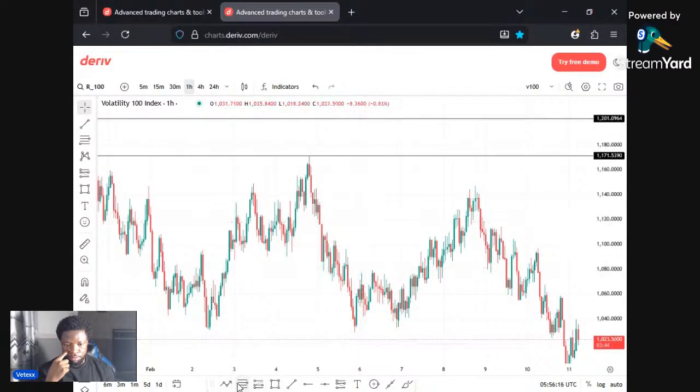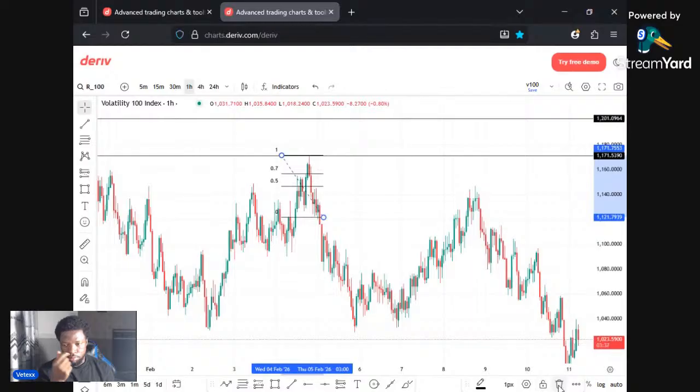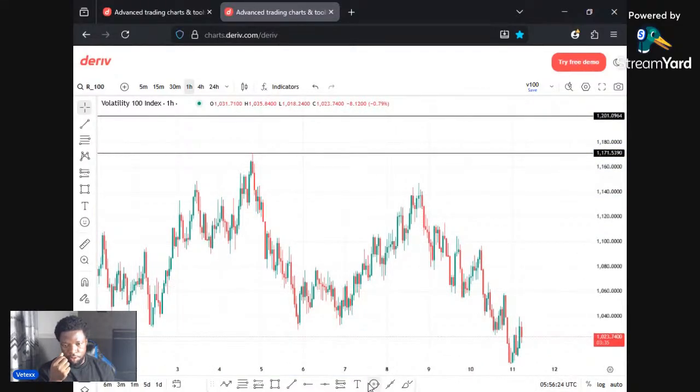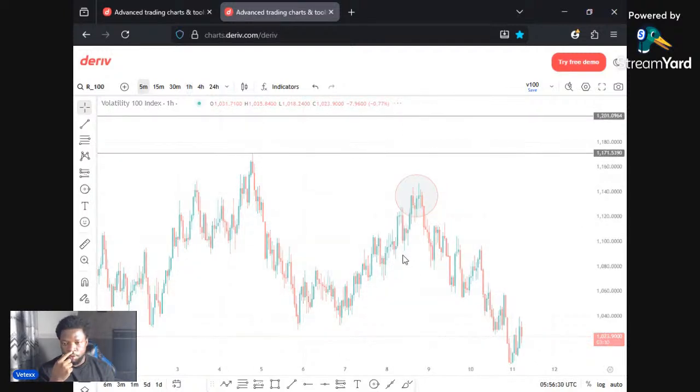Is V100 bearish or bullish? Let me check. This is up to 50%. Let me check this zone, if something happens at this zone.